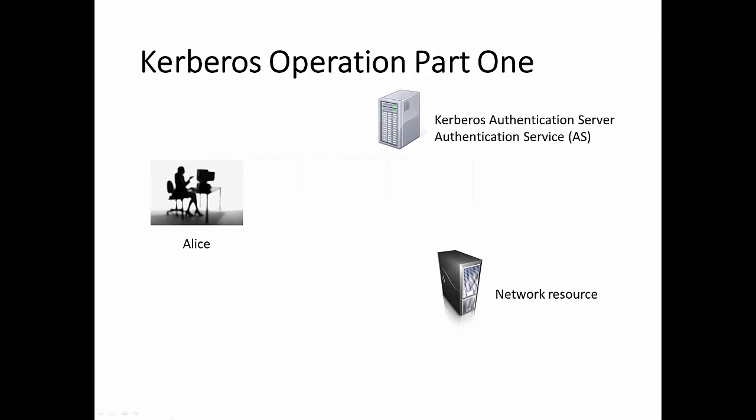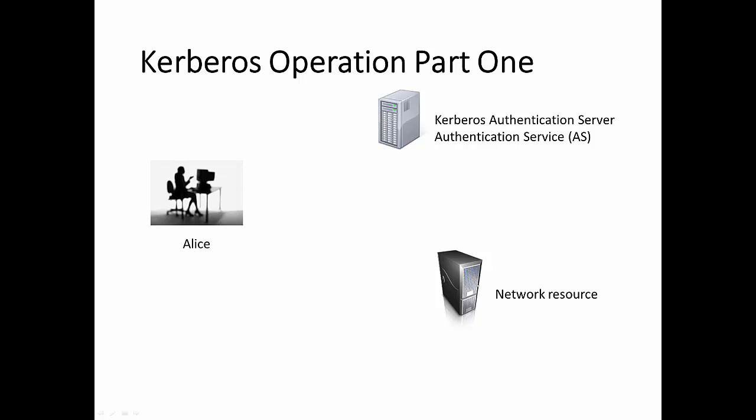Now let's look at how Kerberos actually works. In this diagram you see three elements. One, a subject or a user whose name is Alice, and we have this Kerberos Authentication Server, or KAS, responsible for authenticating Alice.